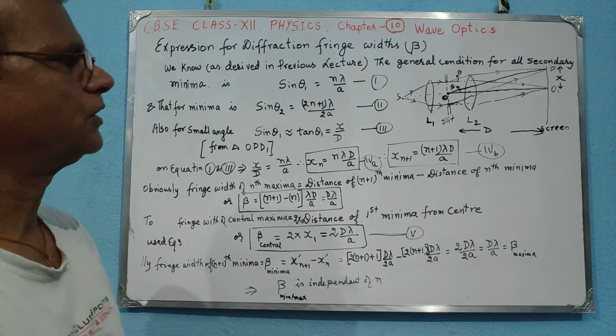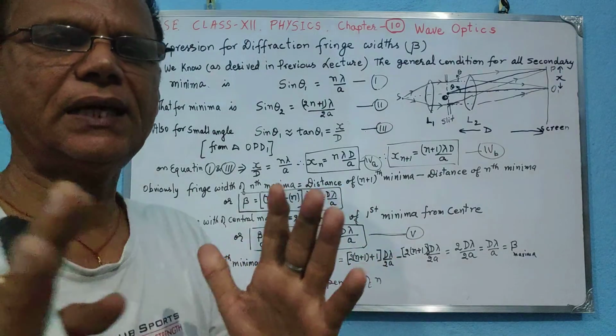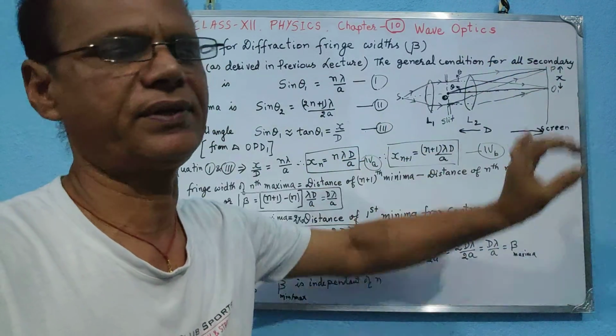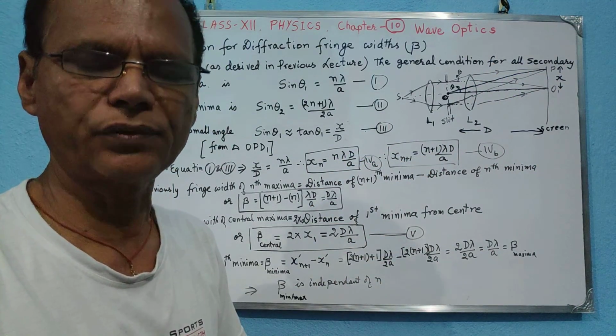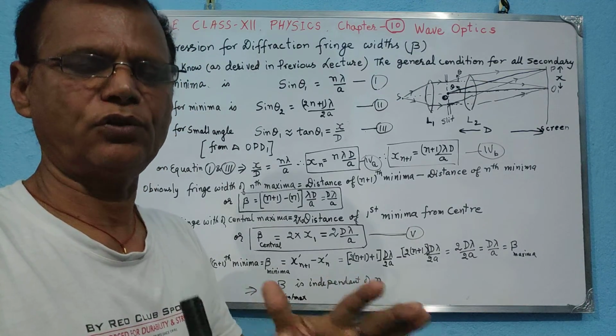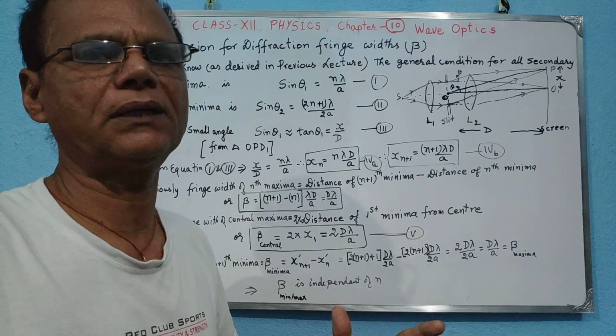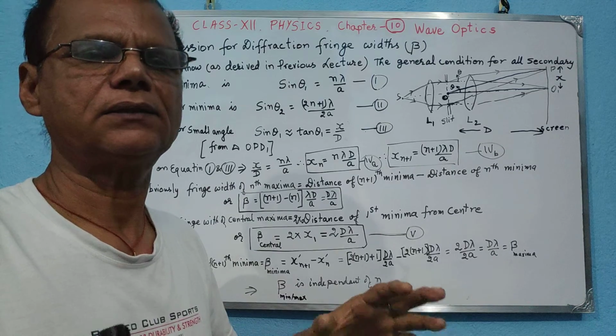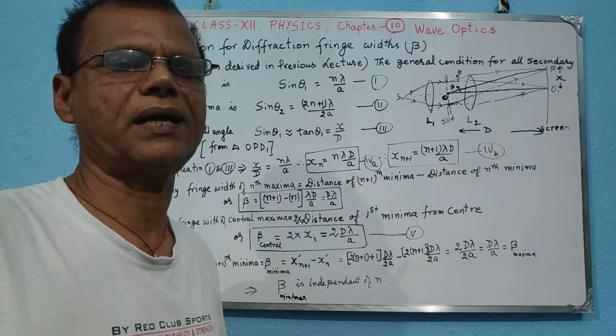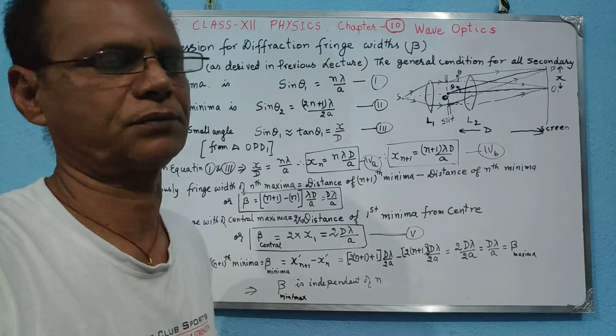Now it is very much obvious that we have the pattern: the central bright fringe is formed about O1, followed by the first minima and then the first maxima, and so on and so forth.